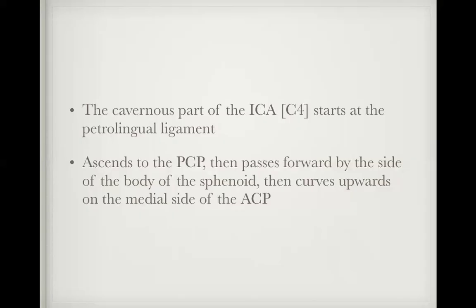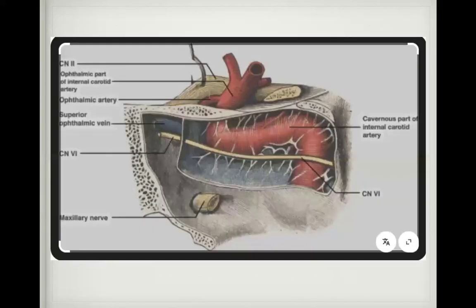We're more interested in the cavernous part of the ICA, which according to various classifications is usually described as the C4 segment. It starts at the petrolingual ligament and then ascends to the posterior clinoid process, passes forward by the side of the body of the sphenoid, and then curves upwards on the medial side of the anterior clinoid process to end at the distal dural ring.